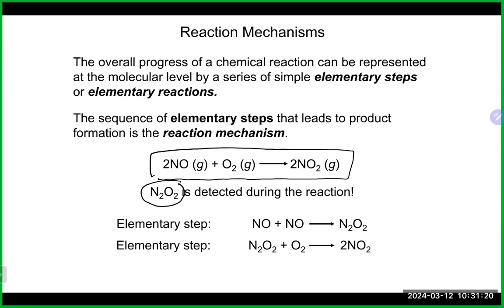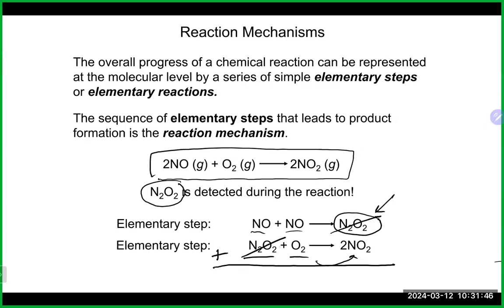And one way that we could propose that this reaction takes place is a couple of these NOs come together to make the N2O2, which is why it can be detected. Then that N2O2 and oxygen react to make our NO2. And these would be the elementary steps in this reaction, where if we were to add these two equations together, the N2O2 would cancel out, and that would leave us 2NO plus O2 on the left goes to 2NO2.